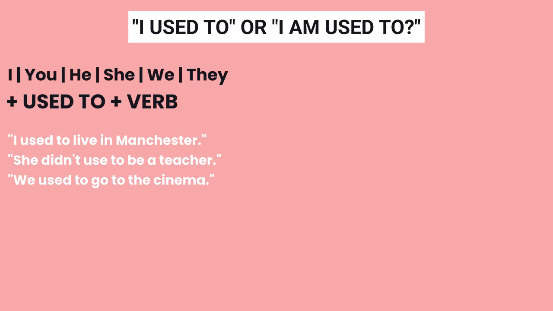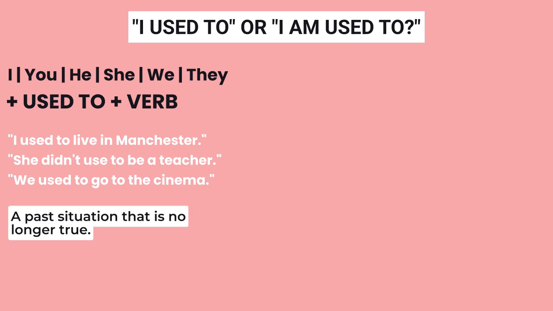So I used to live in Manchester. She didn't use to be a teacher. So here we have the negative form. We used to go to the cinema. When you say used to, this is because you are talking about something that was true in the past, something that was a habit or something that happened repeatedly in the past, but today it doesn't happen.